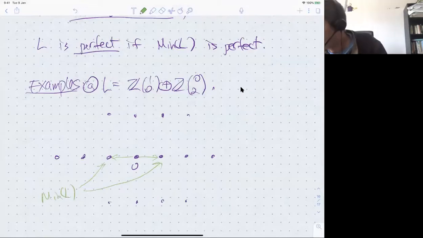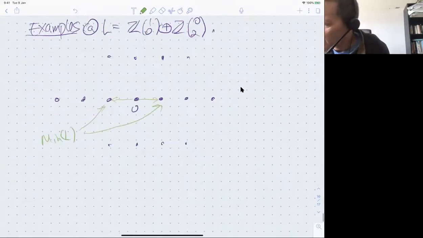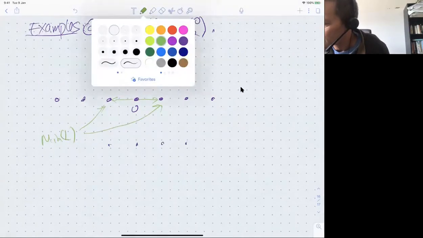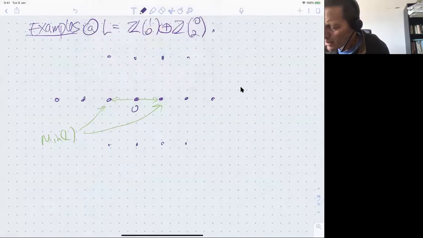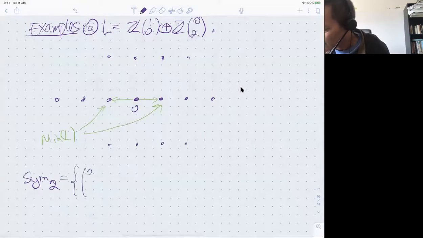Let's compute the corresponding functionals. The symmetric matrices in 2 dimensions just look like this. It's a 3-dimensional space.